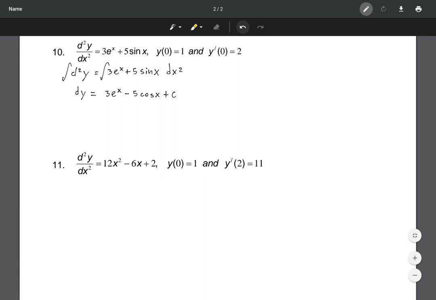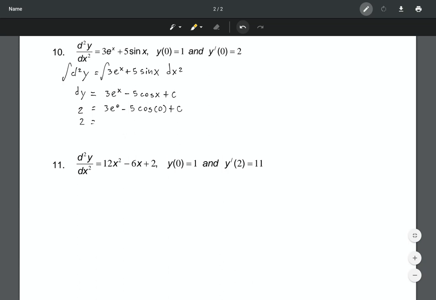So the reason they gave us y prime of 0 is equal to 2 is so we can find what c is in this case, right? So we're going to plug in 2 for this, and we're going to plug in a 0 for every x that we see in this equation. And then essentially we're going to solve for c, all right? Now the cosine of 0 is 1.